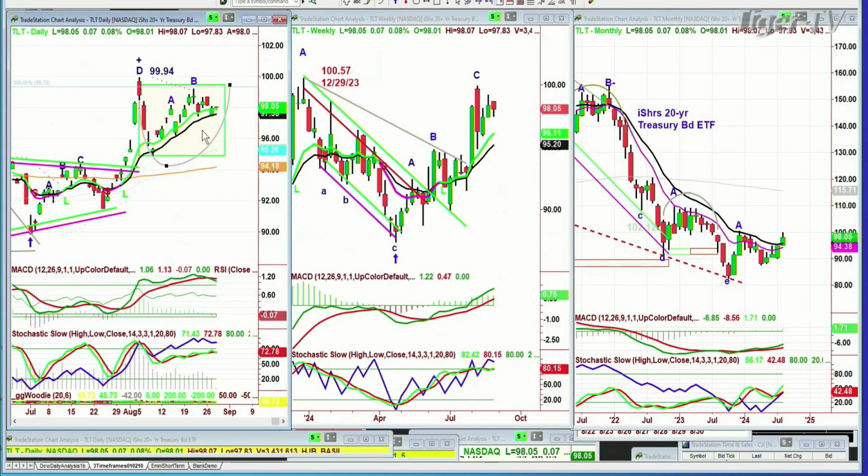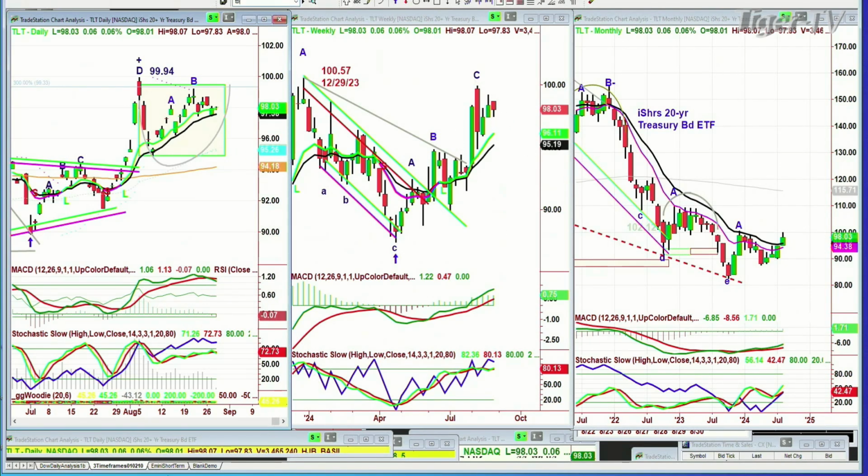If it closes under 97, it's at 98.05, if it closes under 97, that's really poor action. It's not poor action to say that, oh my God, it's going down, the yield's going to skyrocket up. It just says it's going to really struggle to go higher, but it probably can now make lower highs and lower lows, at least for a little while. And it is a peak C in the weekly chart. It should get to a D at some point.